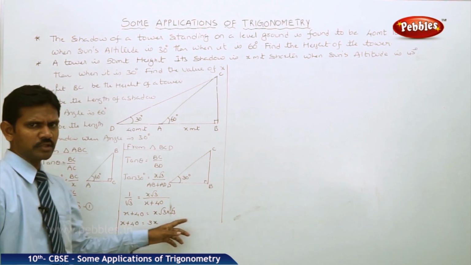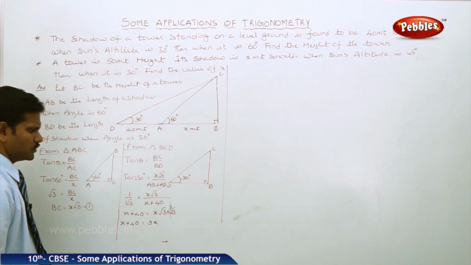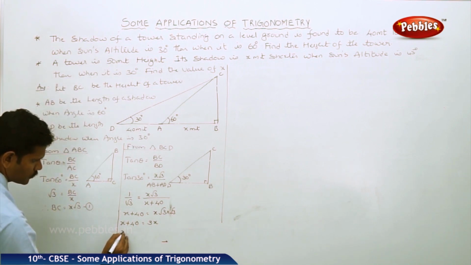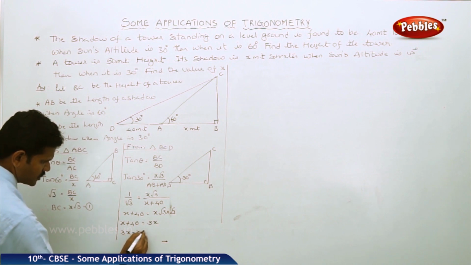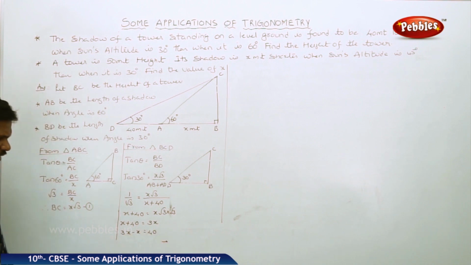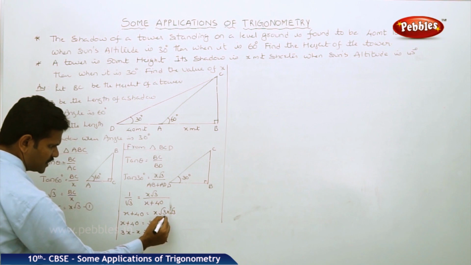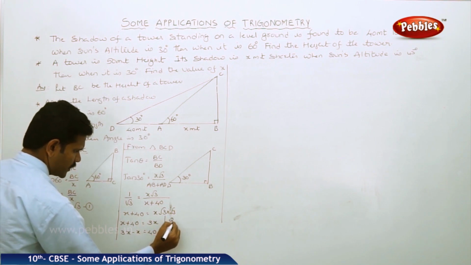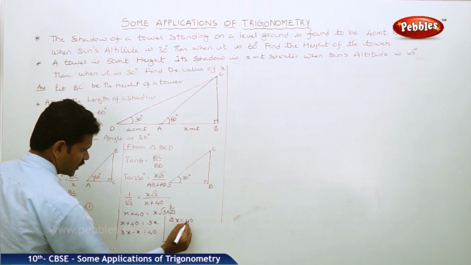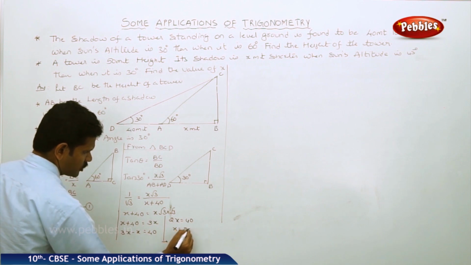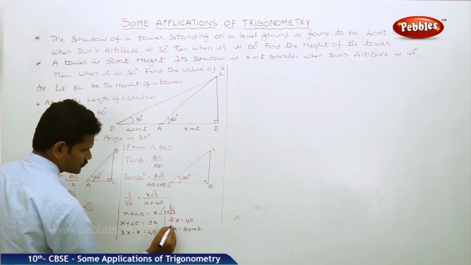That means root 3 into root 3, which will give you 3. Now 3x minus x is equal to 40. That means 2x is equal to 40, that is x is equal to 20 meters.